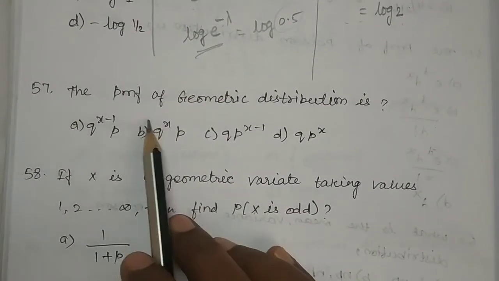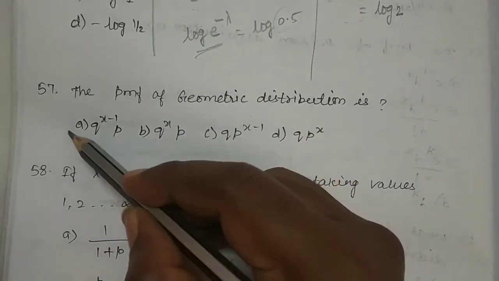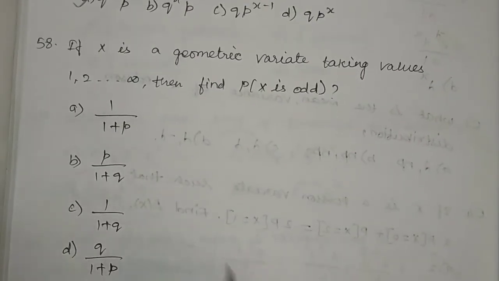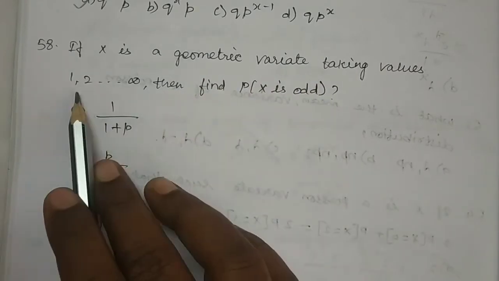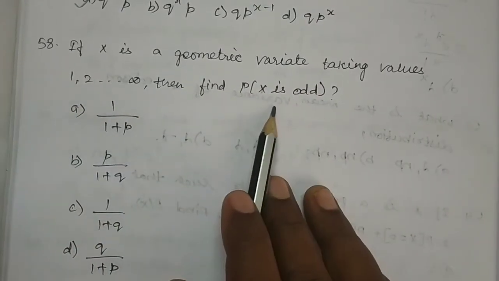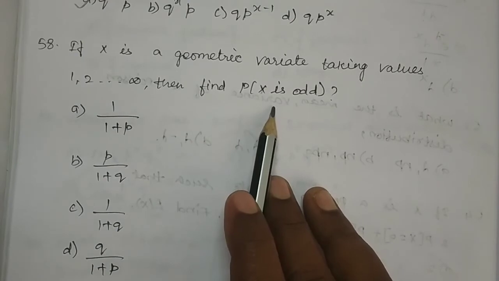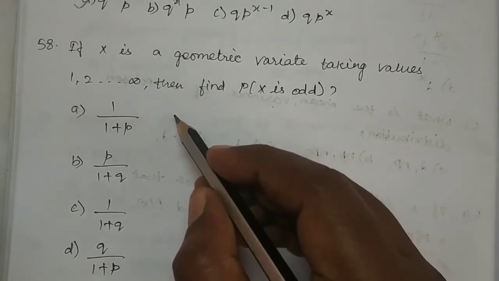The next one, the PMF of geometric distribution is q power x minus 1 into p. Then next one, if capital X is a geometric variate taking values 1 to infinity, then find P of x equal to odd. So we have to check whenever we are getting only odd numbers as our possibilities.